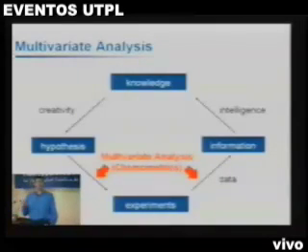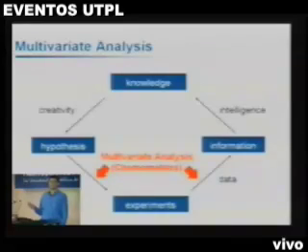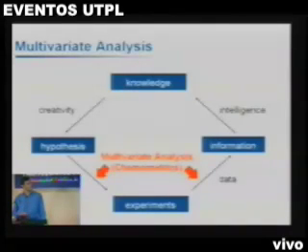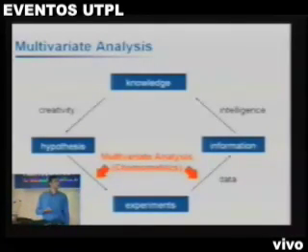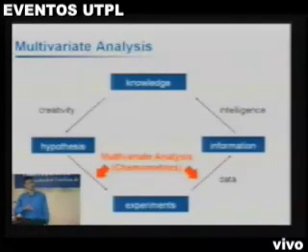And if we are able to understand the data, so if we are able to read the information encoded in the data, we can get some information. If we are able to understand the information, we can get new knowledge. And so we have this circle, okay? Knowledge, hypothesis, experiments. If we are able to read the experiments, we have information and new knowledge.